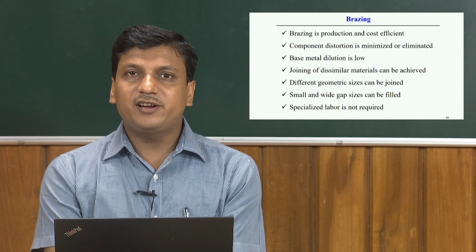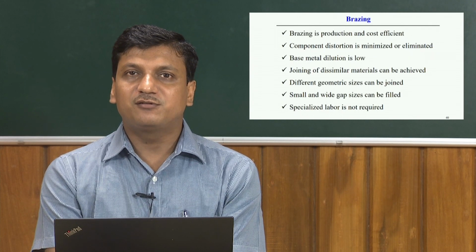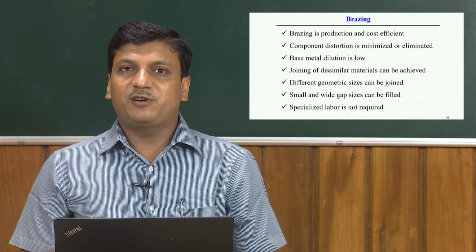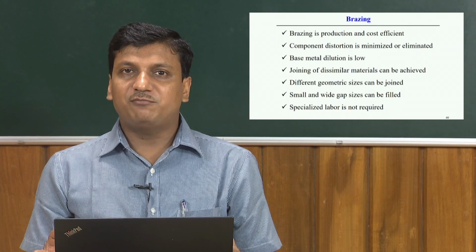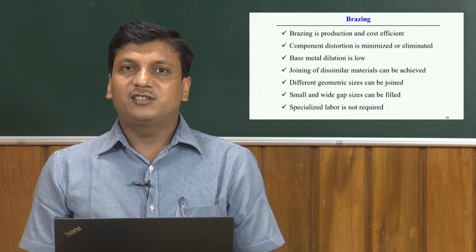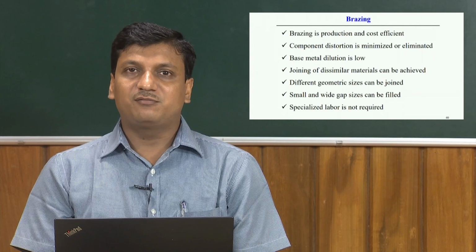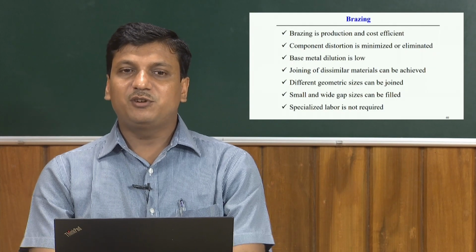So, small and wide gap sizes can be filled. In certain cases the gaps vary from very small to very large between the two workpiece materials, and they can be filled by the brazing process using filler materials.